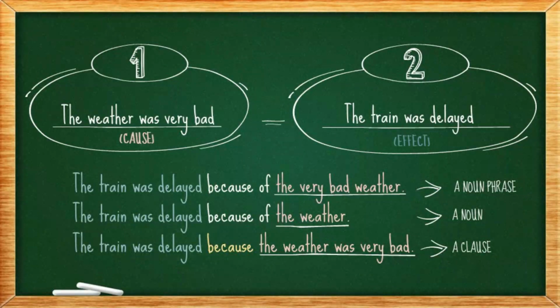Or we can say another way, the train was delayed because of the weather. The weather here is a noun, so we use because of. However, we can also use because for this. The train was delayed because the weather was very bad. The weather was very bad is a clause or a sentence, so we use because for that.